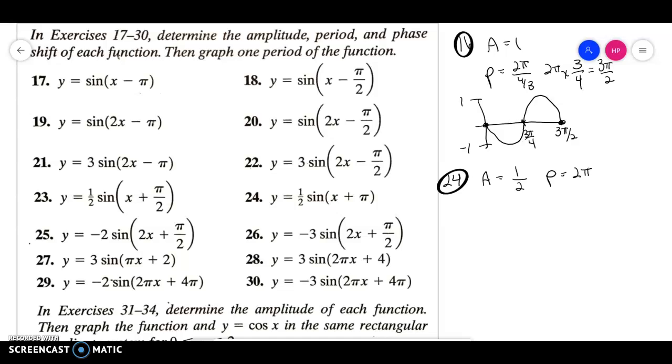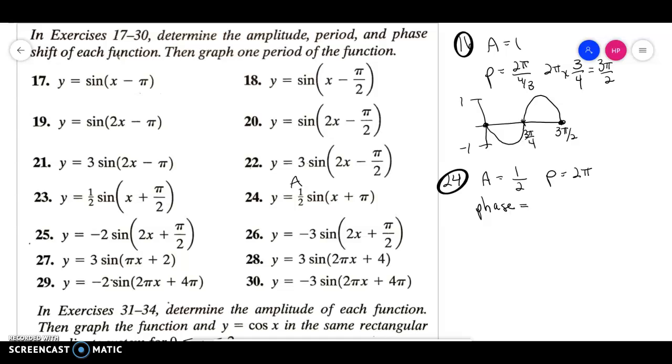So nothing changes. My phase shift, we'll actually write out phase, was c divided by b. And so C for this one, sorry about that.